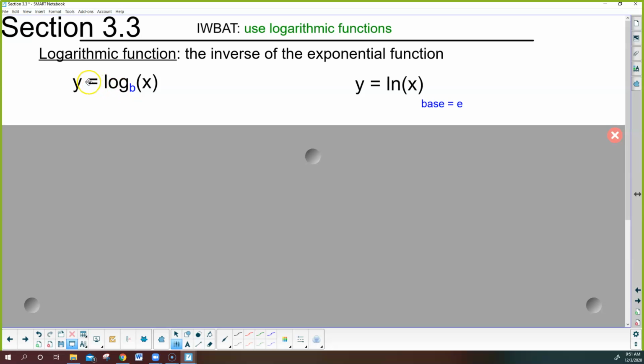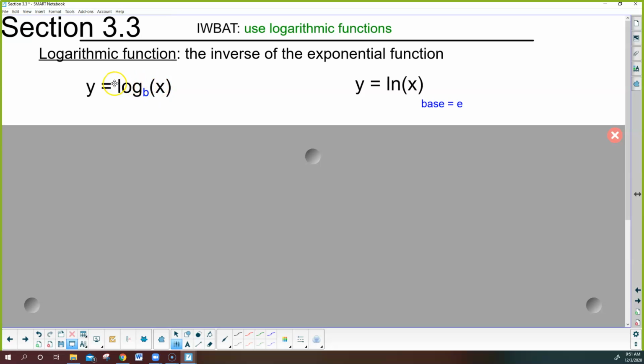So you're going to see this in a second, but this is the notation that I want you to be aware of. We have two types of logs. We have a regular log function. So it's y equals the log, and then notice this blue b. This is considered a base. And then x is the input of the function.